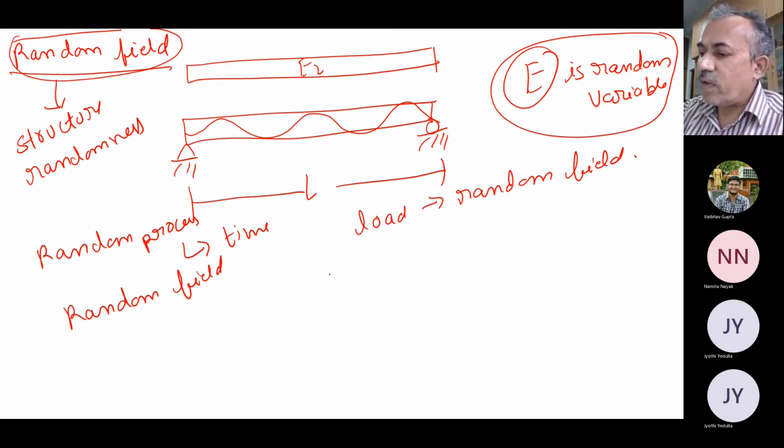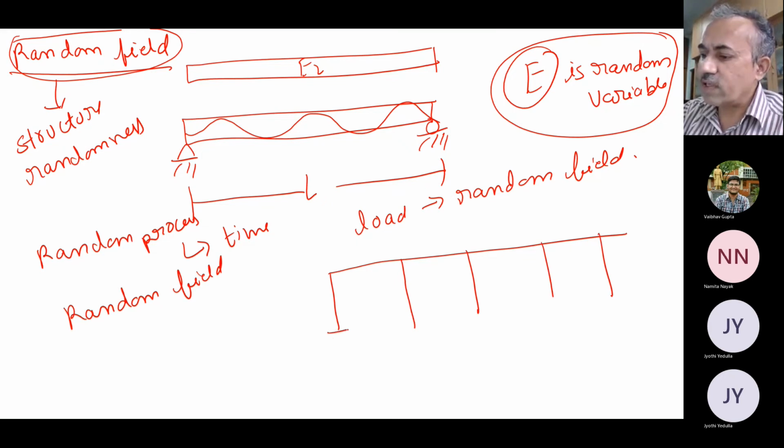For example, if you are constructing a long bridge, in the northeast or many places, and let us say an earthquake load occurs. Let us say the bridge is long, with 200 meter spans, 200, 200, 200.